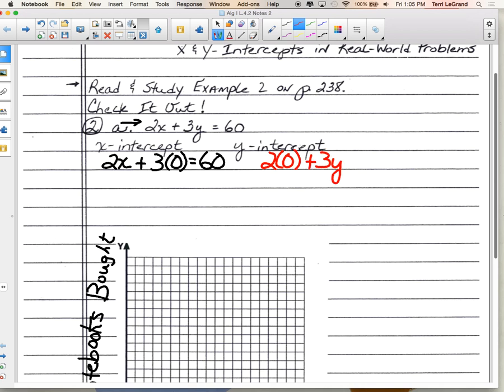Okay, so go ahead and find those intercepts. And would you please also write their ordered pair names behind the intercepts, where they would be located on the graph, in other words?